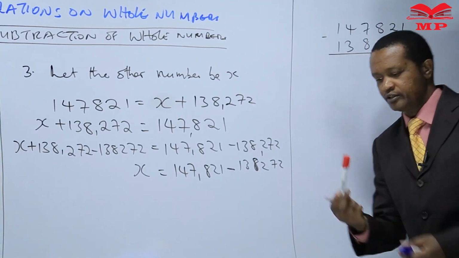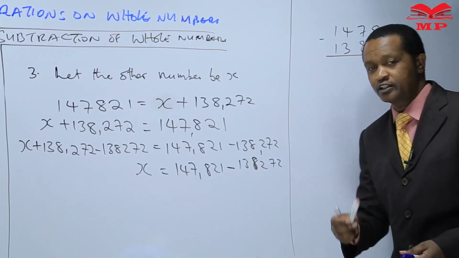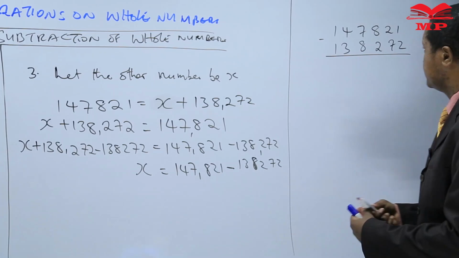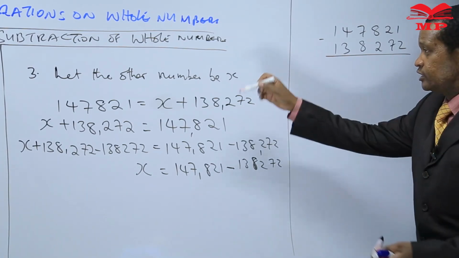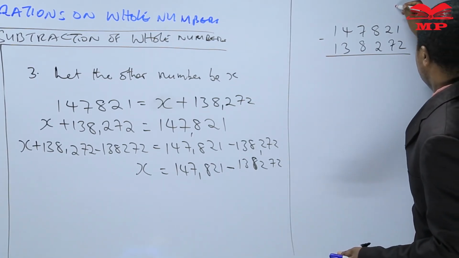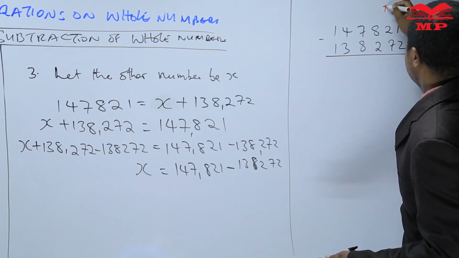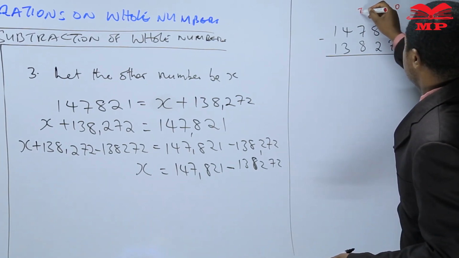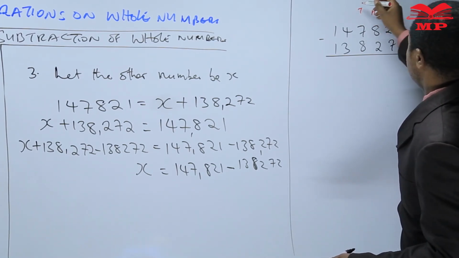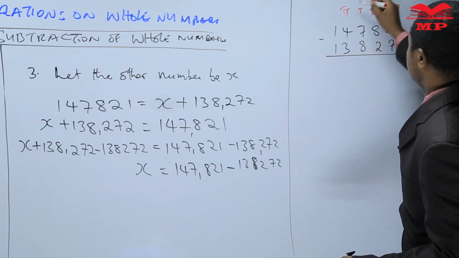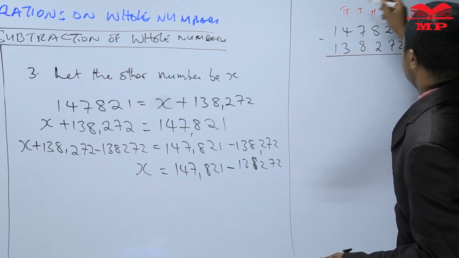Let me use my red. Learners, you also need to have some red pen when you are answering or writing the notes. Here we have ones, tens, hundreds, thousands, 10,000s, and 100,000s.